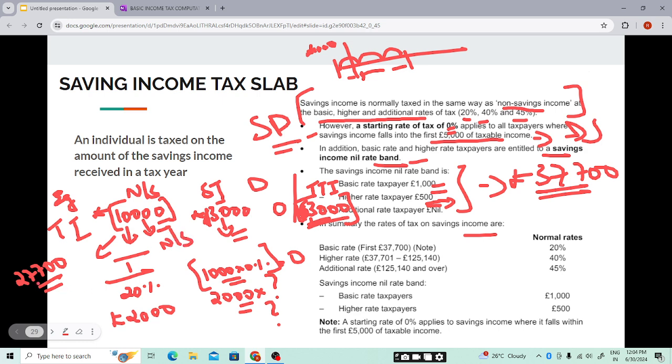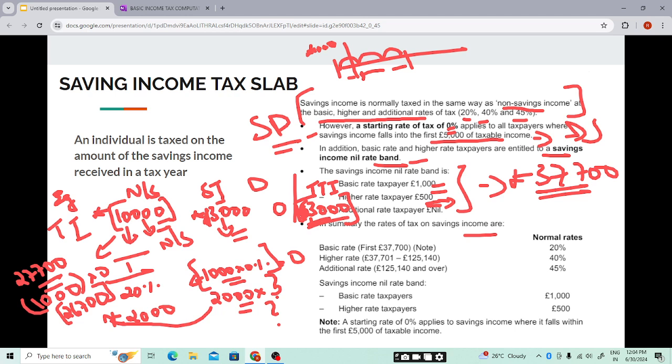Now from the 27,700, 1,000 is also used at 0%. So what is the basic rate band still available to us? 26,700. So the saving income or the dividend income will be under the basic rate limit. So this 2,000 is still in the basic rate limit.